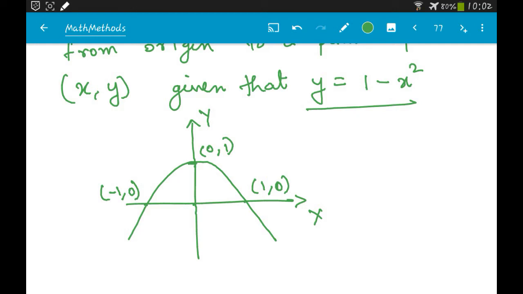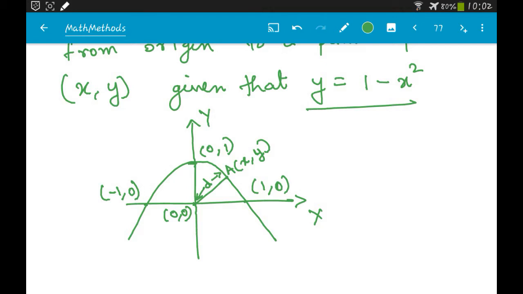Now we want to find a distance d. The distance d represents the distance between the origin and some point on this curve. So let's assume this is our distance d and this point A has coordinates (x, y). So this is what we want to find.